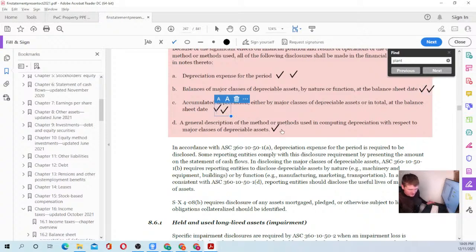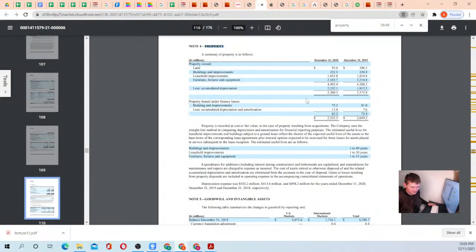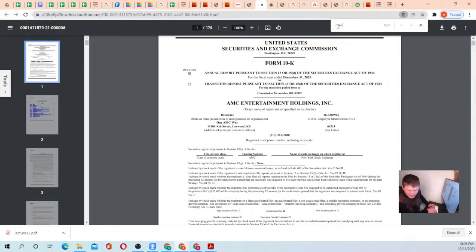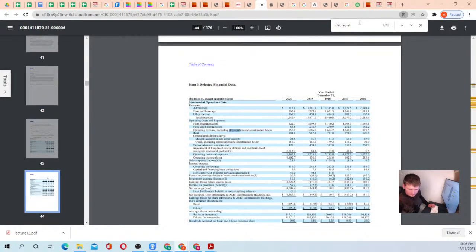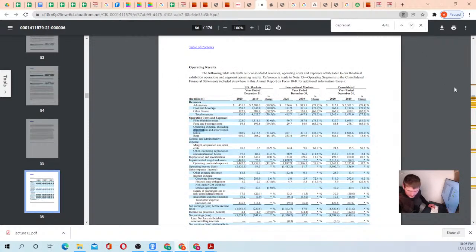And let's see if there is a method describing the depreciation. Okay, 42 mentions of depreciation.